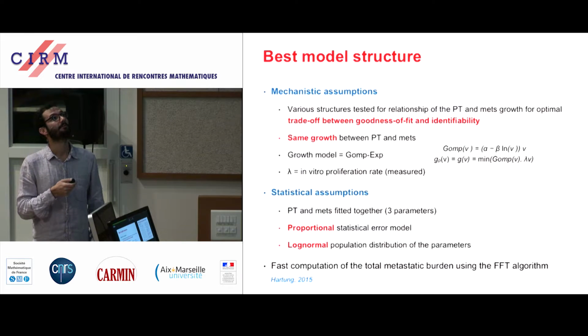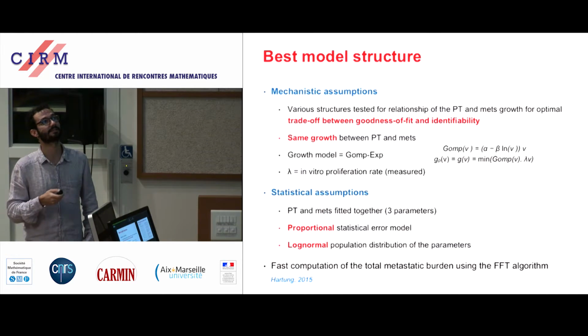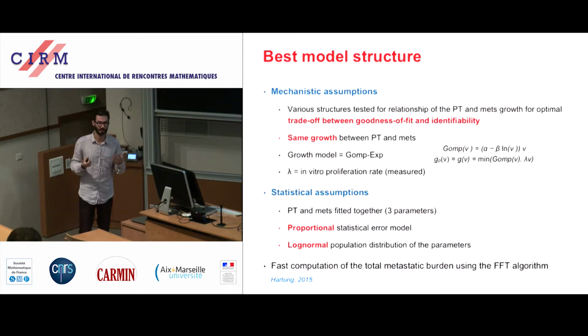And the best structure, and my definition of best structure, is the best optimal trade-off between the goodness of fit and identifiability of the parameters. So goodness of fit is how well it fits the data, and identifiability is these standard errors that you get on the parameters.